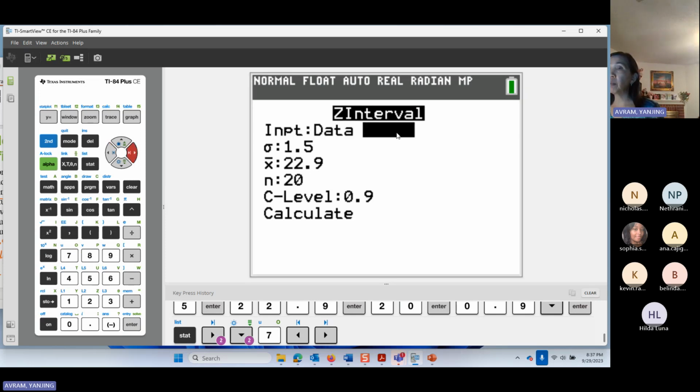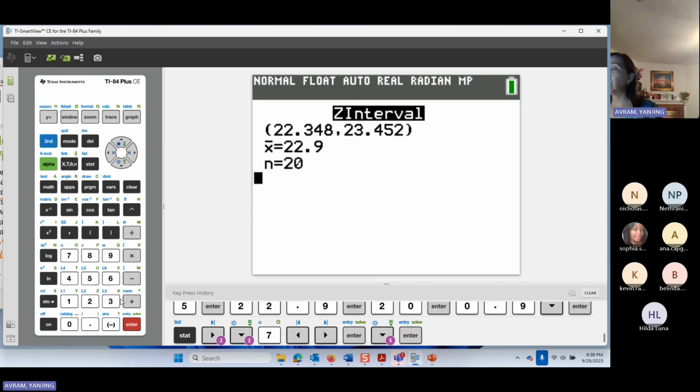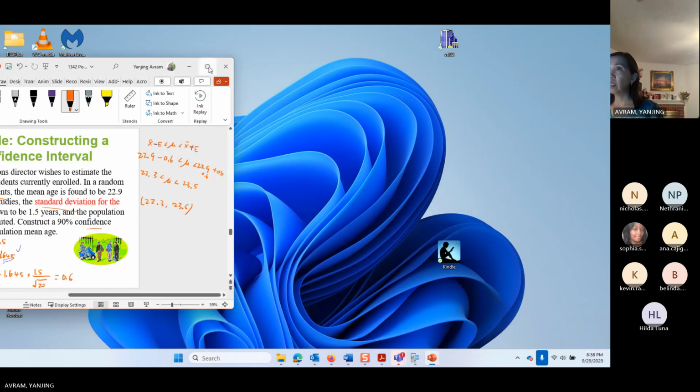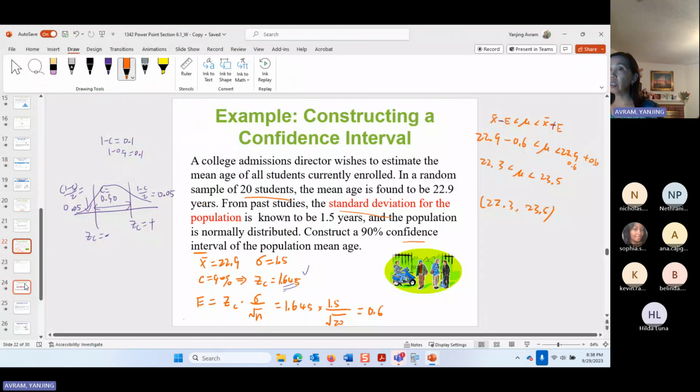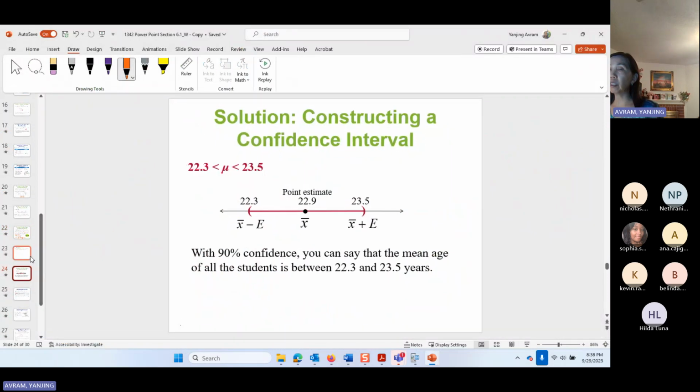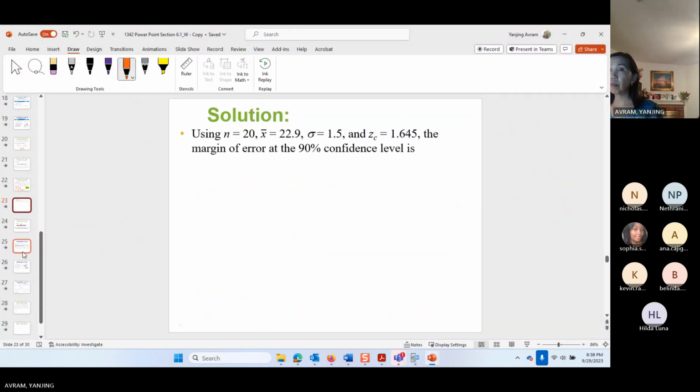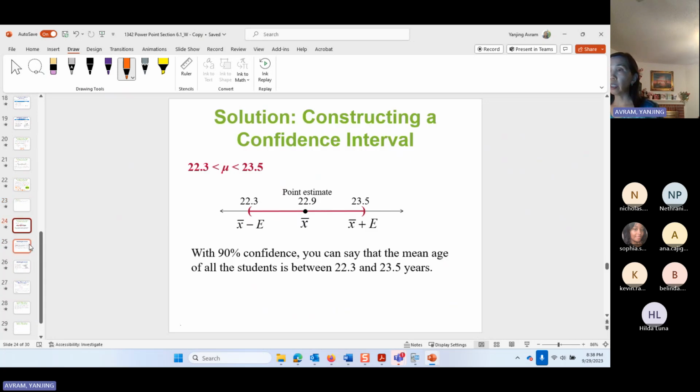If you already have the sample mean, you just hit Stats in here, input your population standard deviation, your sample mean, your sample size, and your confidence level, and then you just calculate. And this gives you the interval. Very cool. So that is section 1 in here.